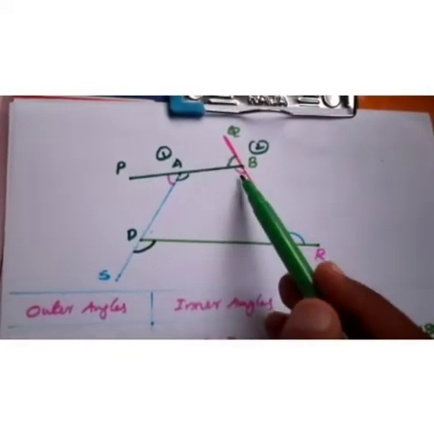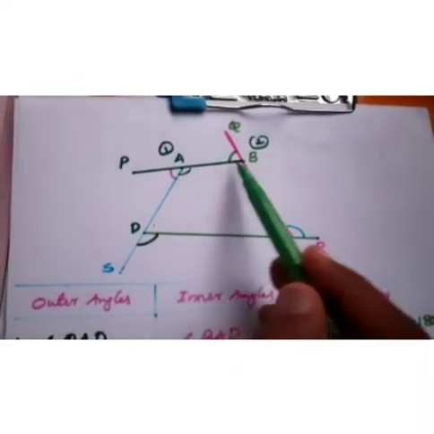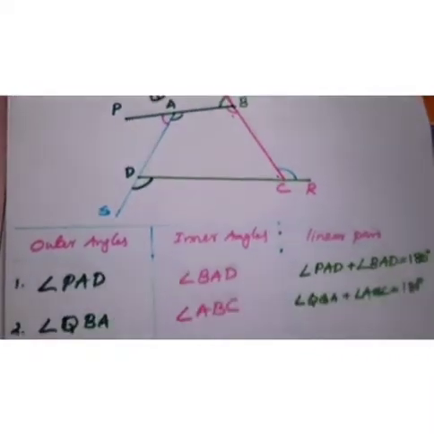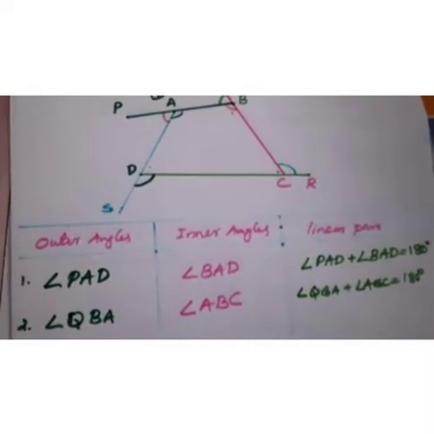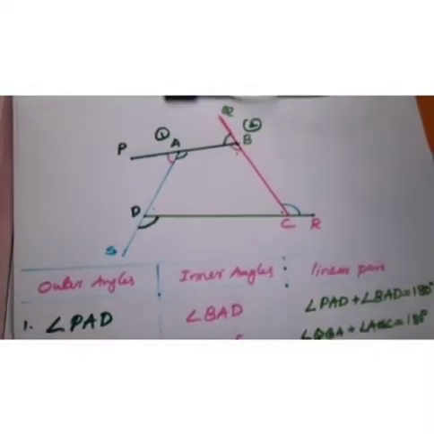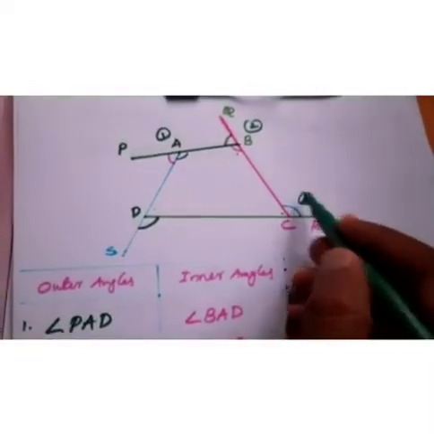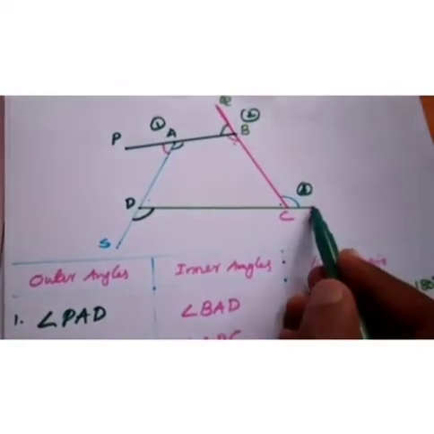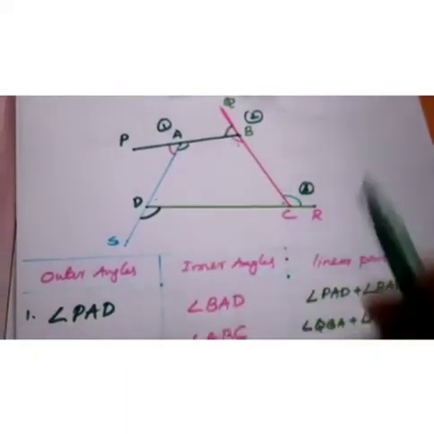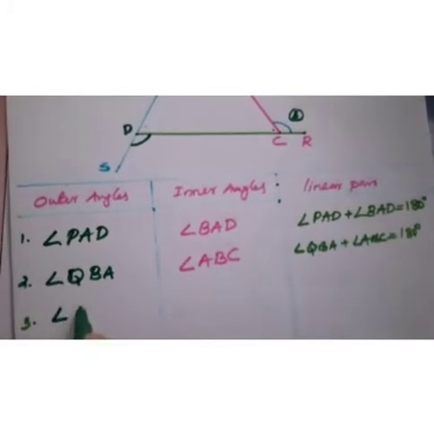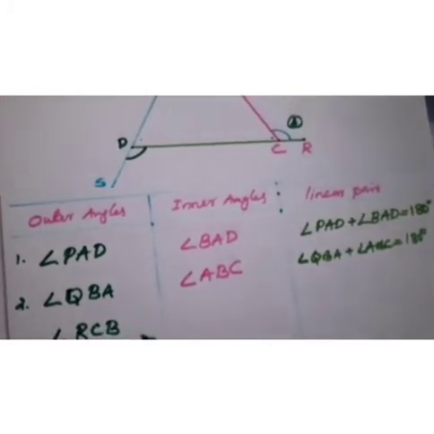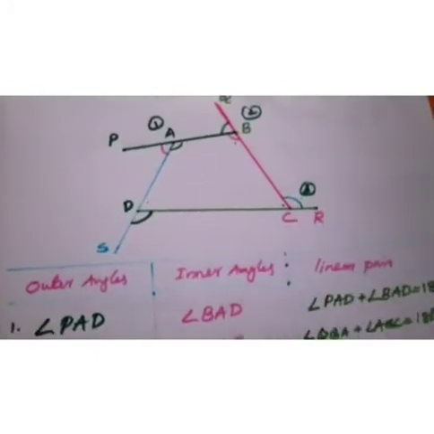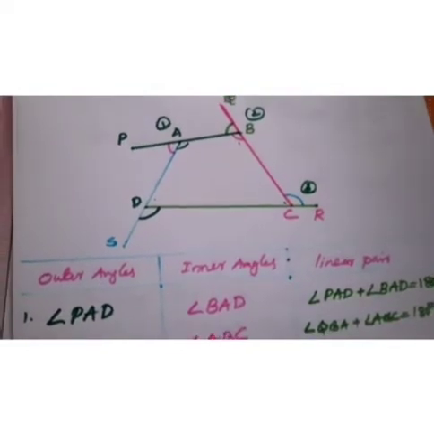QBA and inner angle ABC. The third pair. This is the third pair. Here you can write the third one. So RCB. Angle RCB is the outer angle. What is the inner angle?